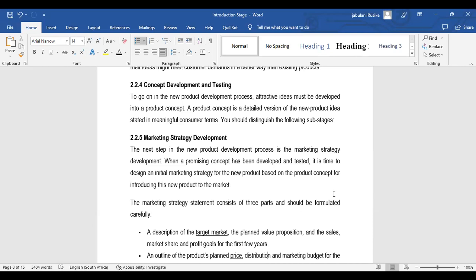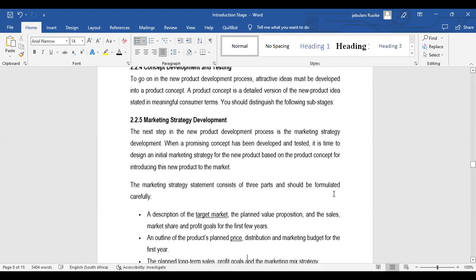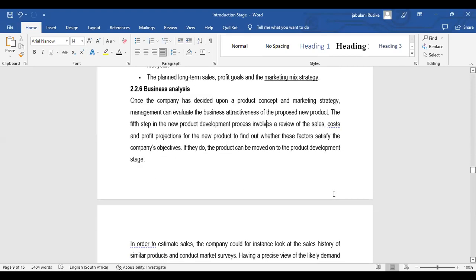So this is where brand loyalty is built. This is a marketing strategy that you would think of for your new product that you are developing.